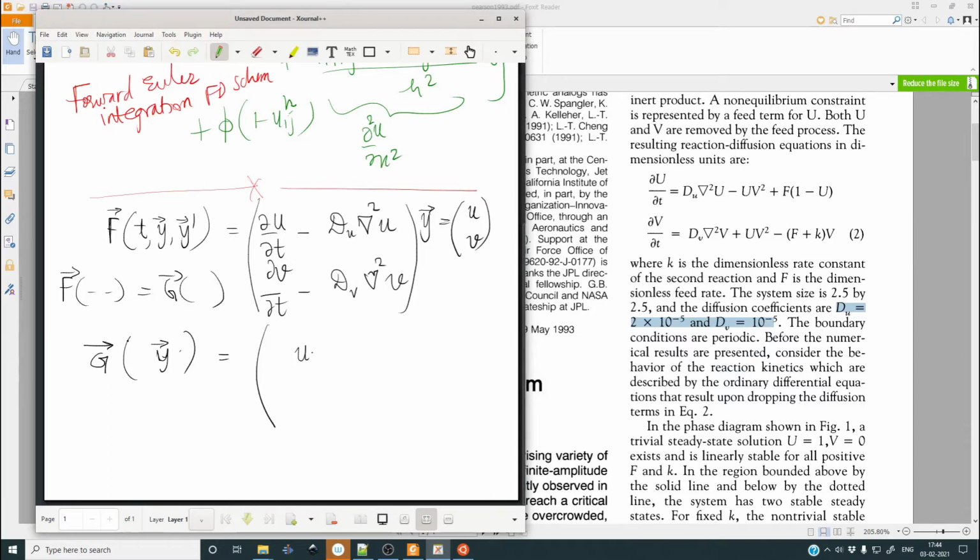So it will be u v square minus F times (1 minus u) and minus u v square plus (F plus k) times v.